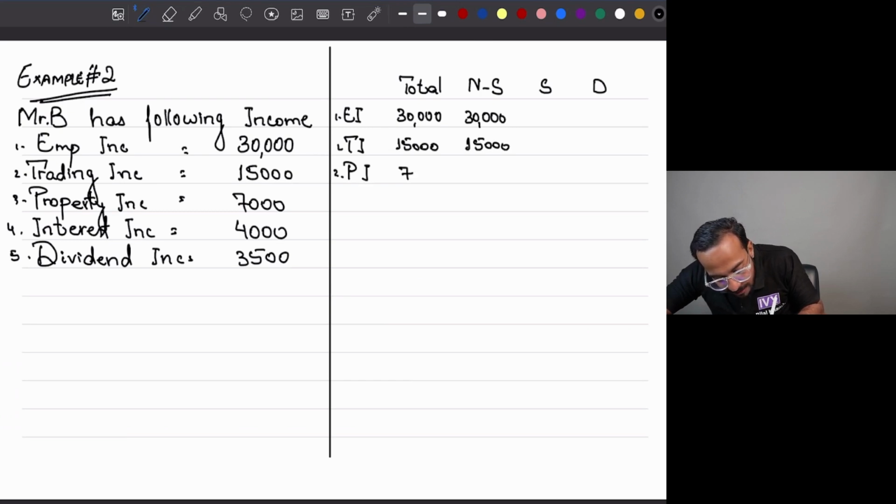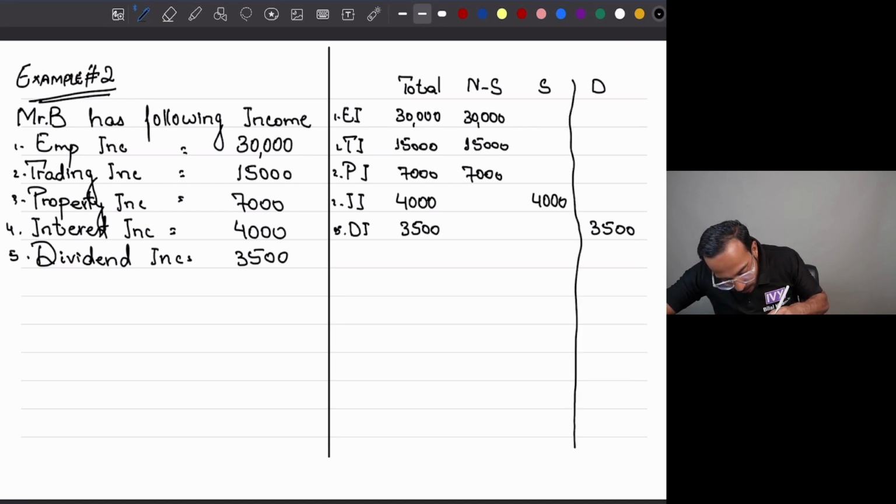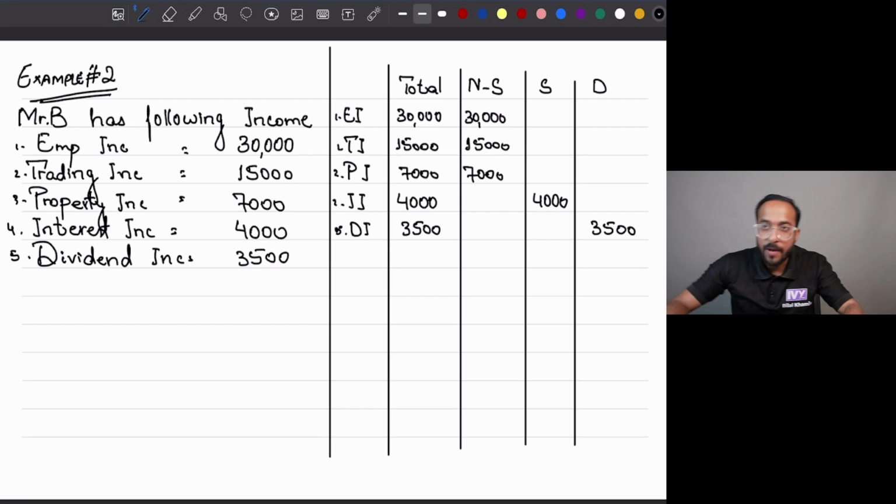Property income is 7,000, non-saving. Interest income is 4,000, that belongs to saving. Dividend income is 3,500, it belongs to dividend income. I believe you know what I am trying to do. Believe me, this is one of the easiest things to just put down in the format, right?